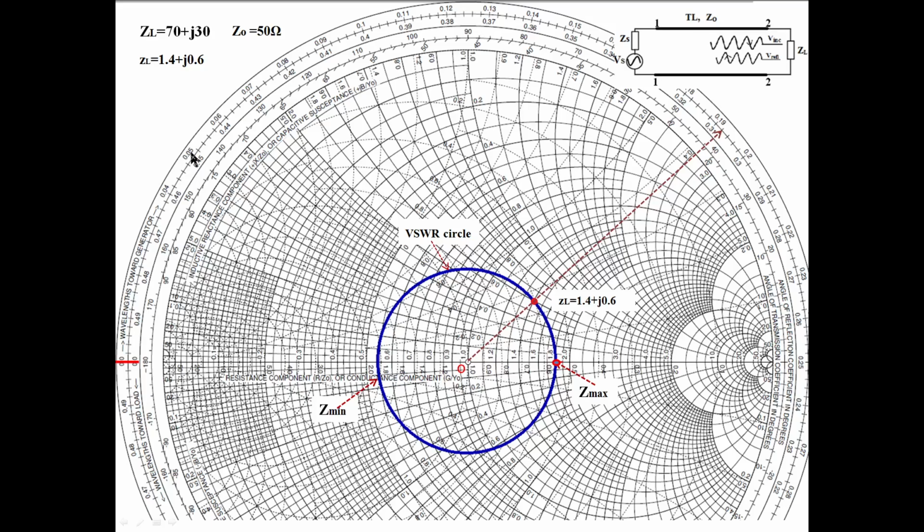So 0.05 lambda from a reference point. The scale is written as wavelength towards the generator, and it starts with 0 here.